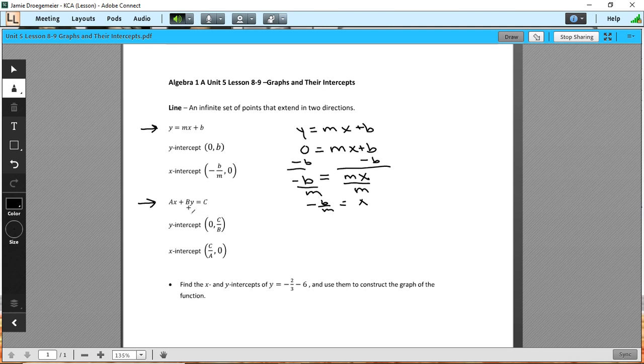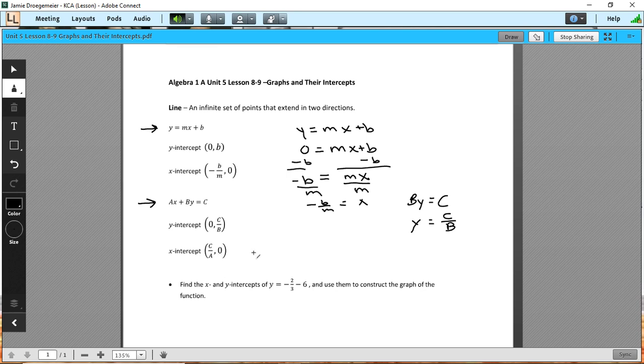With our standard form, to find the y-intercept, remember we plug in 0 for x, and so if x is 0, that first term zeroes out, and I'm just left with by equals c. If I solve that for y, I would be dividing each side by b, and I get that y equals c over b. So when I have it in standard form, the y-intercept is always going to be the value of the c term divided by the b term. And we'll look at examples with numbers here, just looking at it conceptually right now.